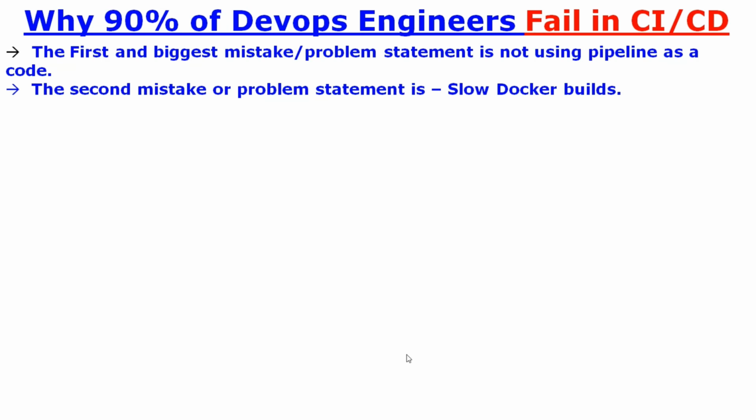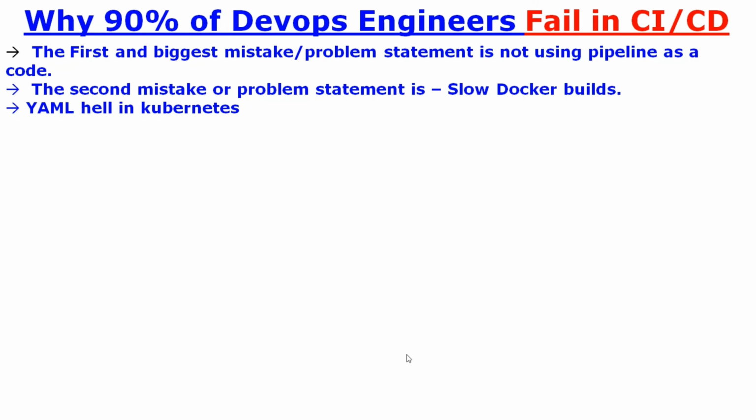The third mistake is YAML files in Kubernetes. Many beginners copy and paste Kubernetes YAML files from the internet without understanding what is inside. If we copy and paste blindly, the result will be broken deployments and messy clusters.